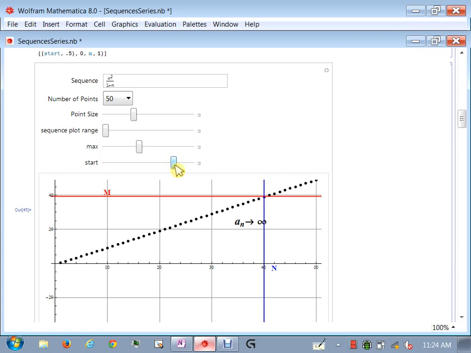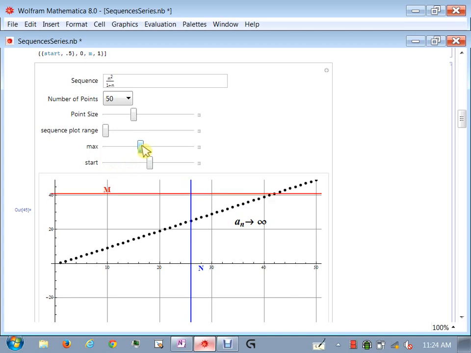If I said for every capital N, there exists an M that's bigger, is that what you're saying? Well, here's the thing. It depends on what we're trying to show. We're trying to show that this sequence goes up forever, right?